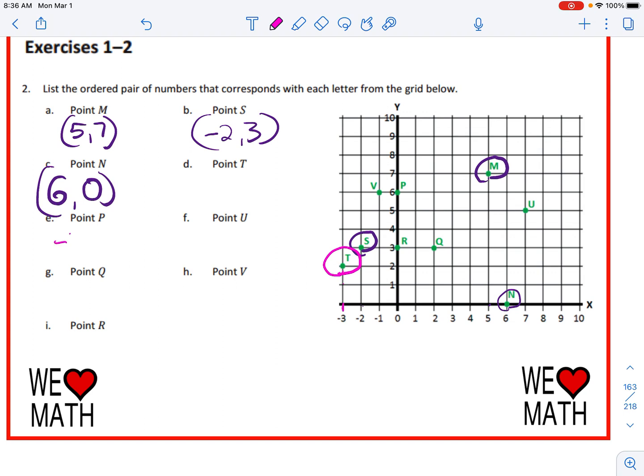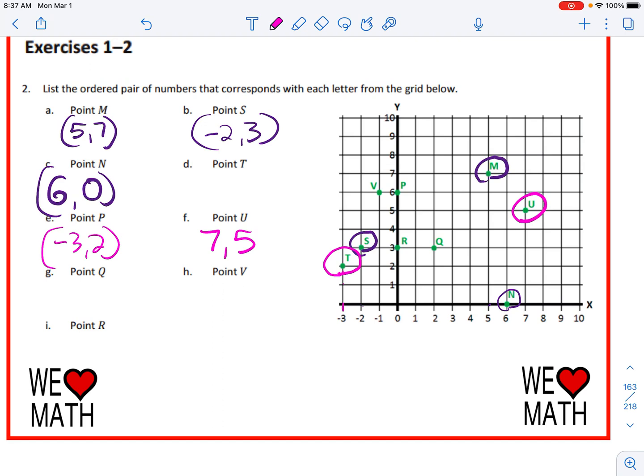So this is -3 and 2. Letter F is point U. For point U, we are going to 7 and then up to 5.